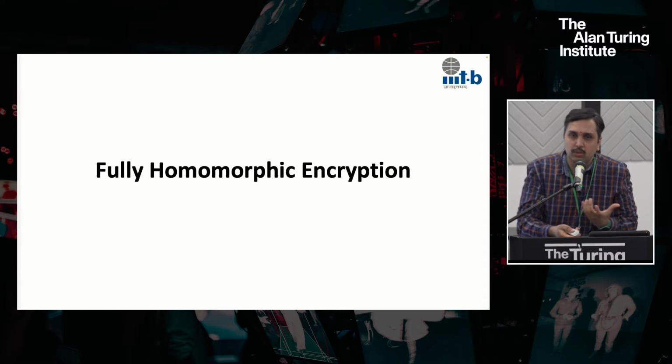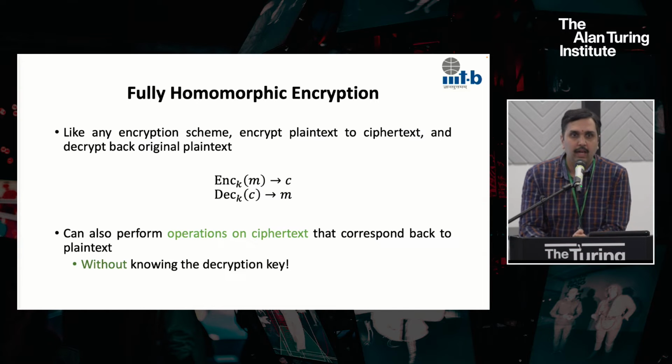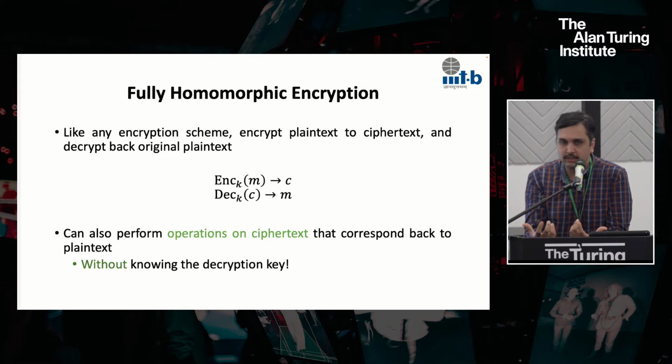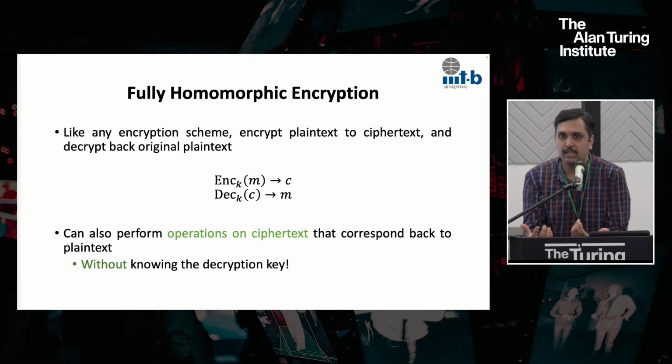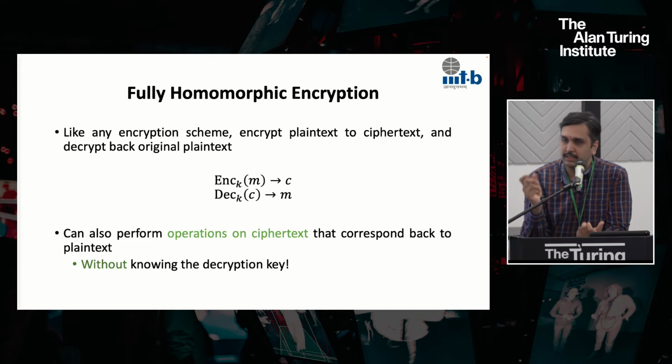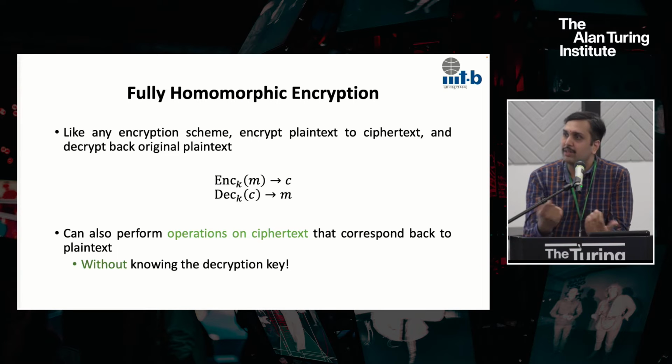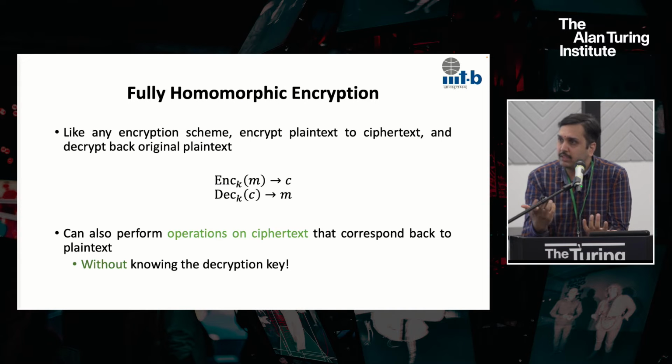So what is homomorphic encryption? It's an encryption scheme where you encrypt a message to get a ciphertext, and you decrypt a ciphertext on input a secret key to get back the message. But what is special about homomorphic encryption schemes is that you can compute on the encrypted data without ever decrypting it. So the cloud service providers will never see the original data.